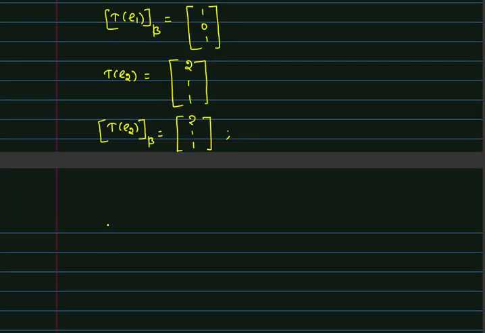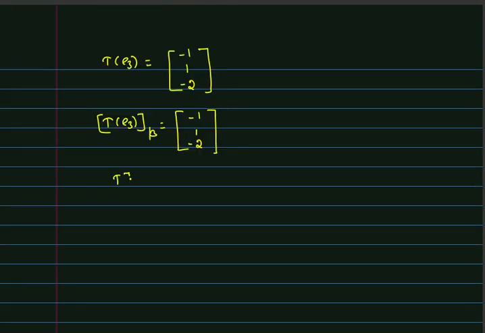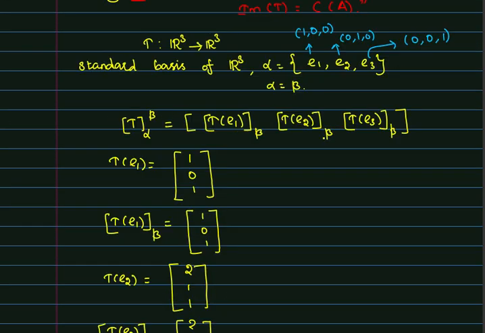T of E3 equals minus 1, 1, minus 2, and its coordinate vector in beta is also the same: minus 1, 1, minus 2. So T alpha beta, represented column-wise, is T of E1 beta, T of E2 beta, T of E3 beta.